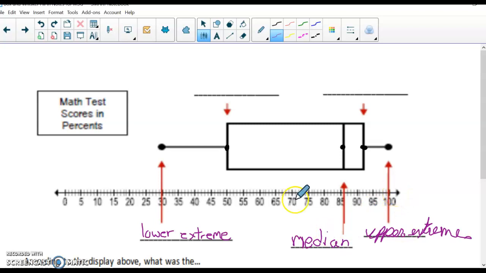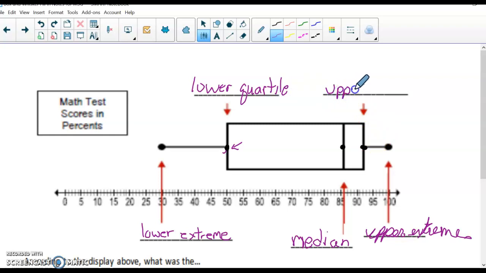And then for our new terms, this dot right here is called the lower quartile, and this dot right here is called our upper quartile.